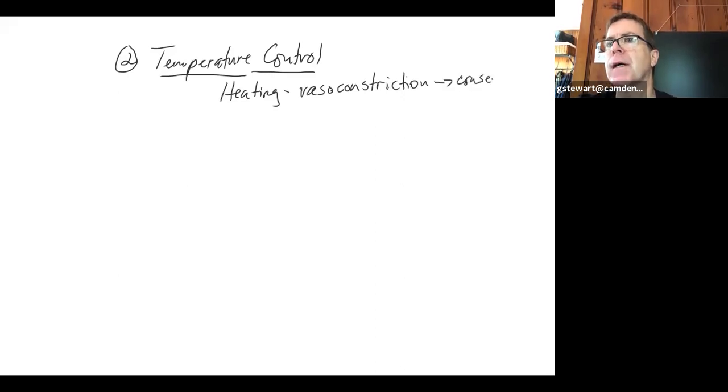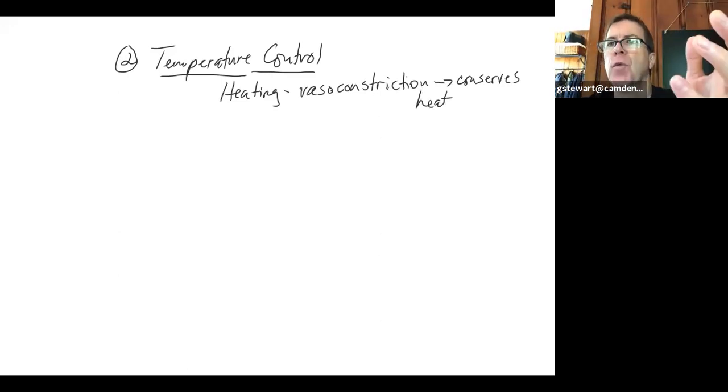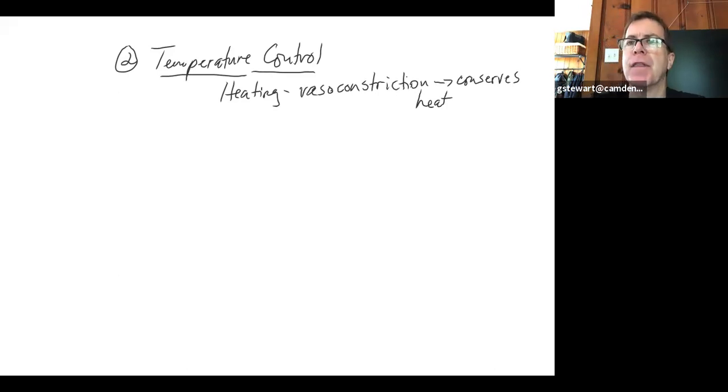When we go outside on a really cold day, the blood vessels within the surface of our integumentary system constrict, restricting blood flow to our skin. That helps keep deep body heat within us. There's also, as you know, cooling mechanisms, mostly through sweating.